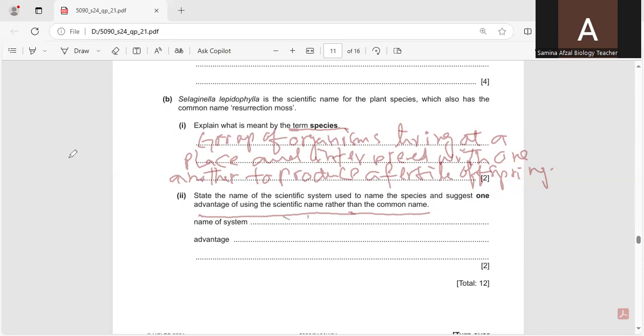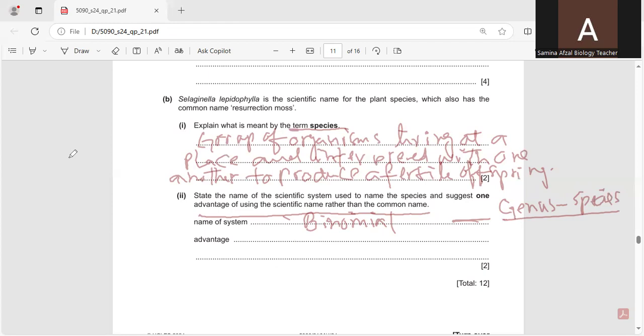So binomial nomenclature is the method of classification in which organisms are classified into groups and subgroups by using two names, that is the genus name and species name, to represent the scientific name of an organism.